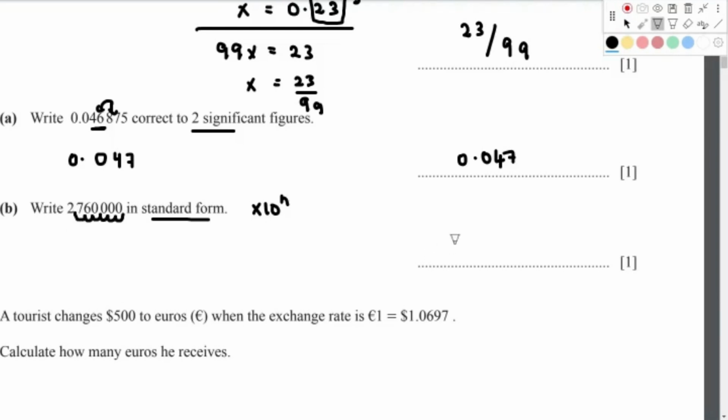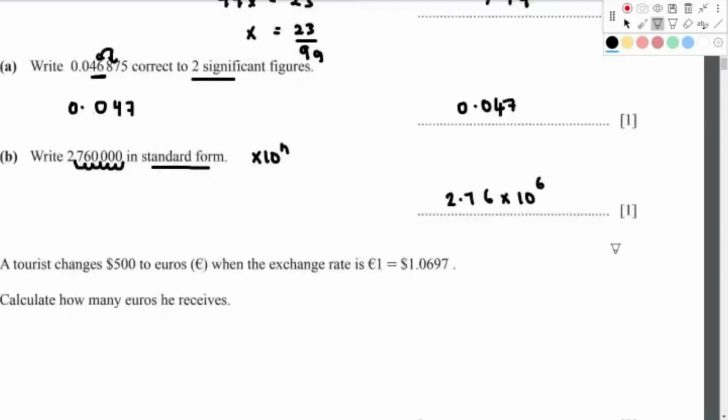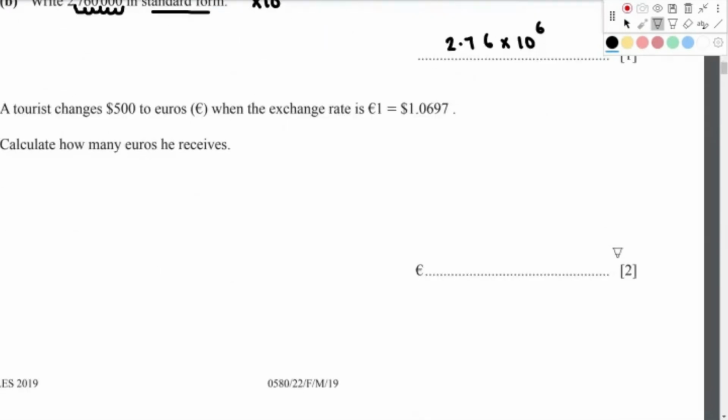So the standard form would be 2.76 times 10 to the power of how much again? 6. 1, 2, 3, 4, 5, 6. Yes. So 2.76 times 10 to the power of 6. This is standard form. Can? Yes. Okay. The next one.